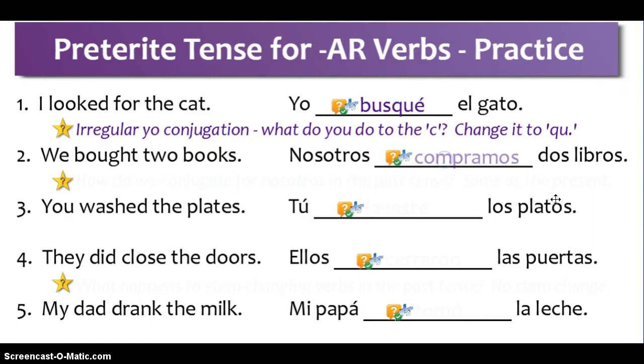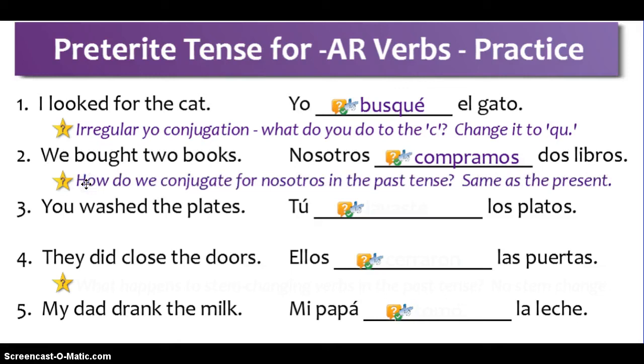Nosotros compramos 2 libros. What do you remember here? We conjugate for nosotros the same as we do in the present tense when we do it in the preterite. You wash the plates. Number 3. Tú lavaste los platos. Very good.